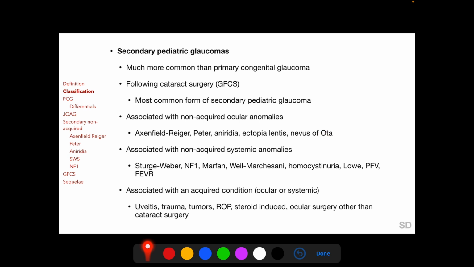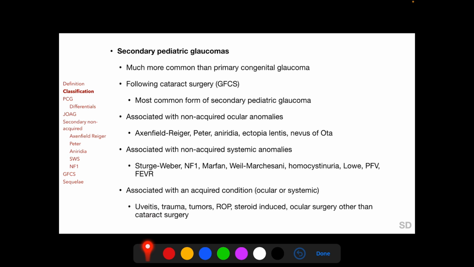Those associated with non-acquired systemic anomalies include Sturge-Weber syndrome, neurofibromatosis type 1, Marfan syndrome, Weill-Marchesani syndrome, homocystinuria, Lowe syndrome, persistent fetal vasculature, and familial exudative vitreoretinopathy. And acquired conditions include uveitis, trauma, tumors, retinopathy of prematurity, steroid-induced glaucoma, and ocular surgery other than cataract surgery.